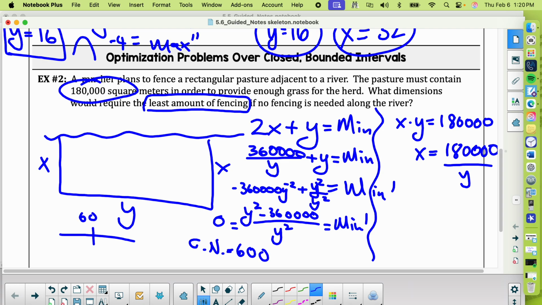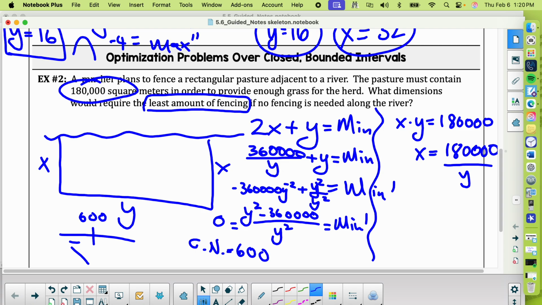Put 600 and then test the slopes before and after. If I test the slope of 100, 100 squared is 10,000, minus 360,000 is negative over positive, so this is a negative slope, which would be down.